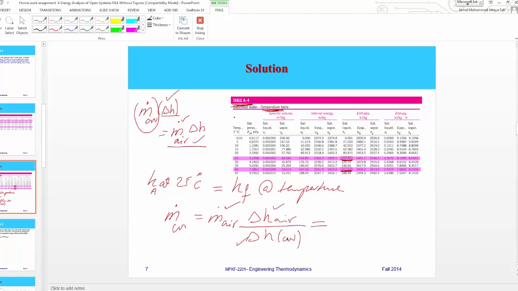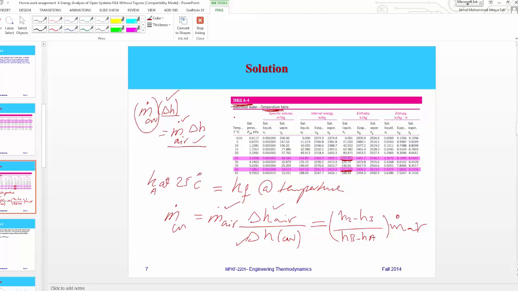I don't know if I have it here somewhere. Ah, it's here. I can write down immediately that it is equal to H2 minus H3 divided by HB minus HA, multiplied by the mass flow rate of the air.